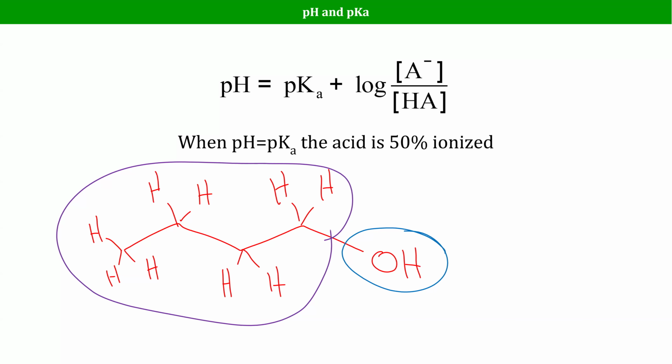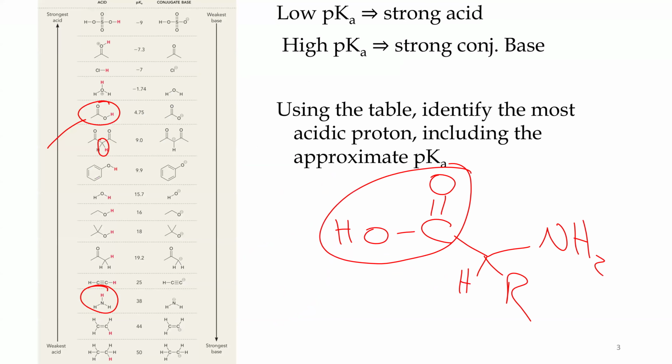One of the other ways we can control whether something dissolves in water is by protonating or deprotonating it though. If we deprotonated this alcohol, it's not a terribly acidic group. We think back to that last chart, all of our alcohols were down here in the 15 to 18 range.